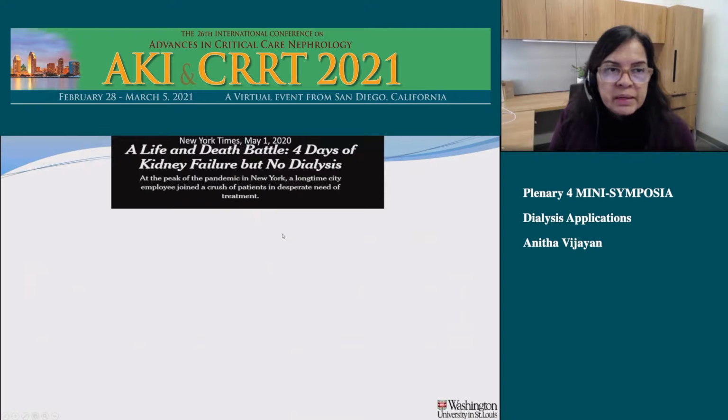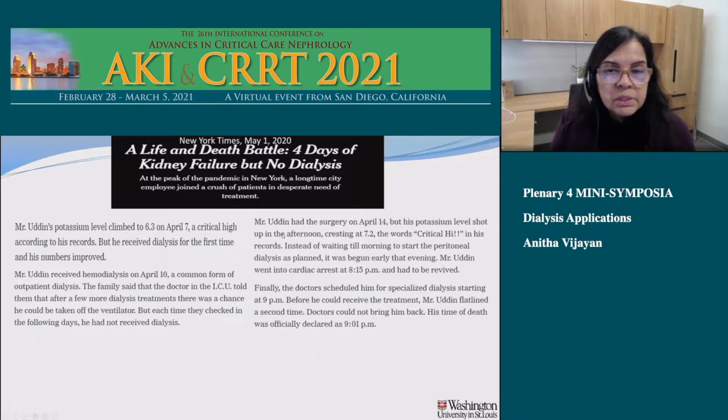So during the pandemic in the United States, there was a shortage of dialysis and dialysis equipment. This was an article in the New York Times that described the course of a patient with hyperkalemia who, according to the family, could not get dialysis in a timely manner, and eventually he passed away before PD was finally implemented.